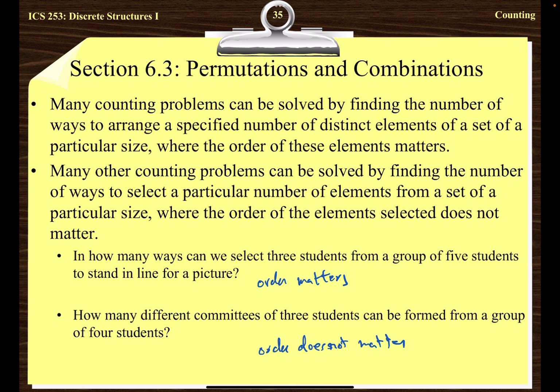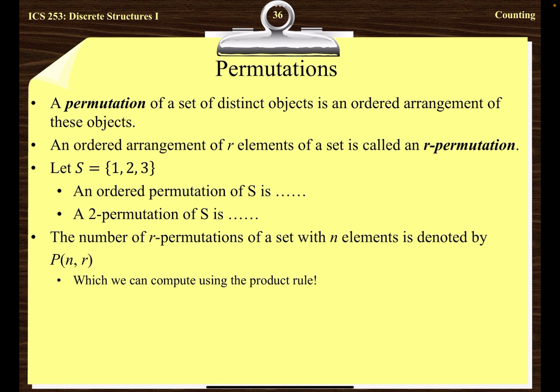So let's start with permutations. So what is a permutation? Well, a permutation of a set of distinct objects is an ordered arrangement of these objects. In chapter 2, when we studied sets, did elements of the set have order?